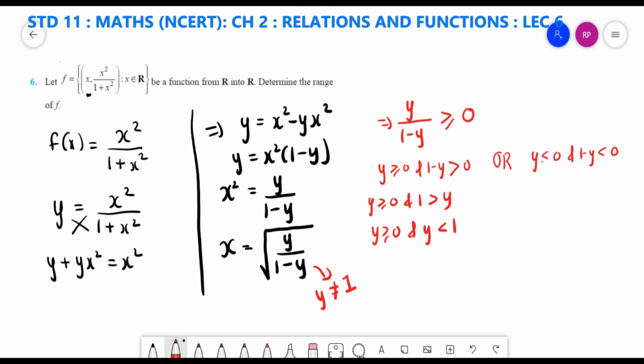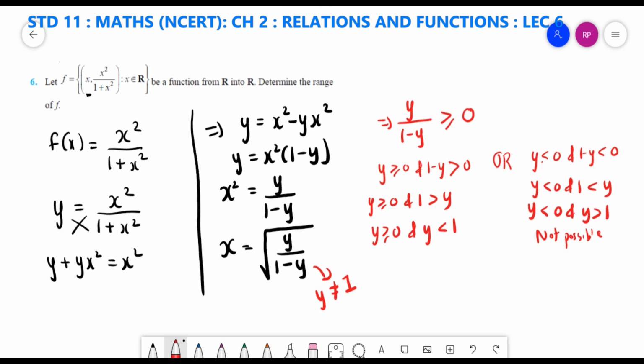From 0, I can take values until 1. The number y is greater than or equal to 0 and less than 1. In the other case, y is less than 0 and 1 is less than y, that is, y is less than 0 and y is greater than 1. Now, is it possible that y is less than 0 and greater than 1? Is there any number which is less than 0 and greater than 1? No. So this is not possible.